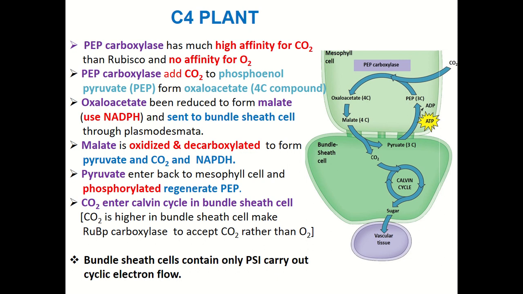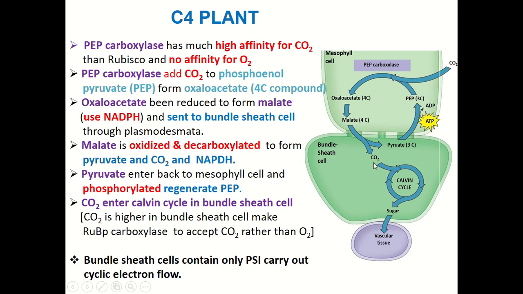The pyruvate will enter back into the mesophyll cell, and it will receive a phosphate group from the phosphorylation by ATP, thus producing back the phosphoenolpyruvate.